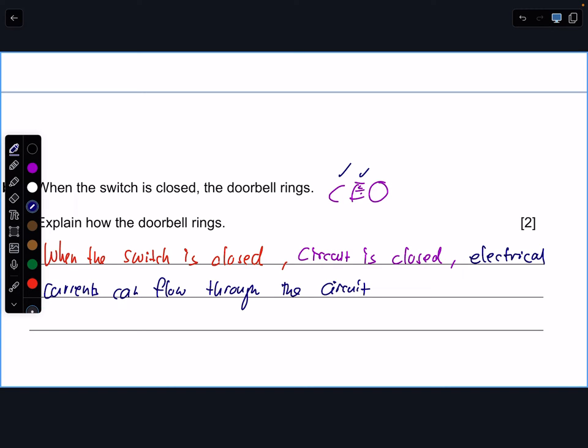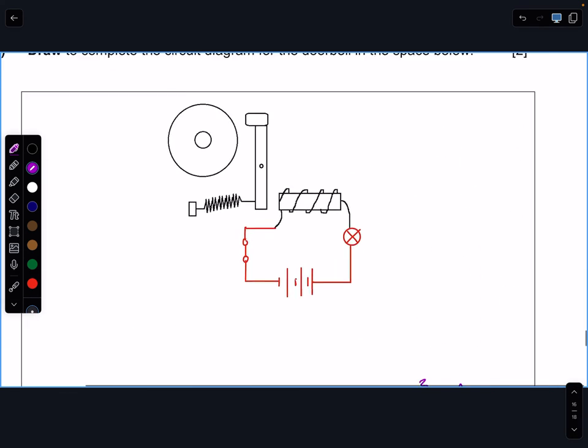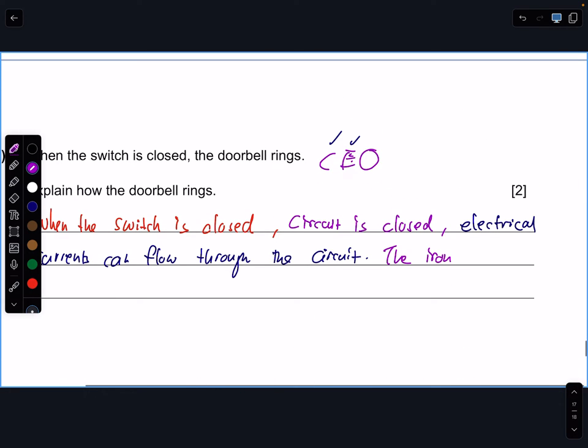What is my outcome? So remember, there is an electromagnet. So I need to say about the electromagnet. So the iron rod, is it iron rod or iron bar? Okay, steel bar. The steel bar becomes an electromagnet.